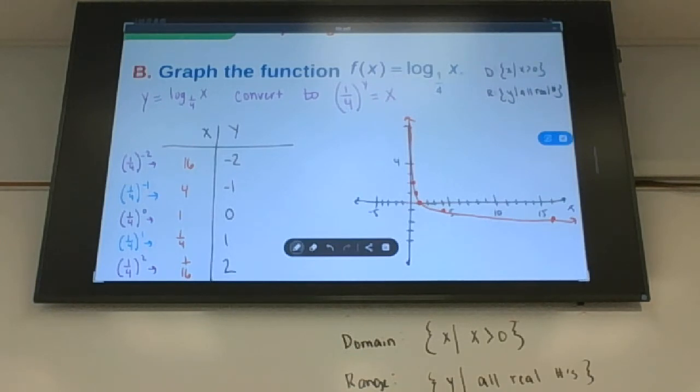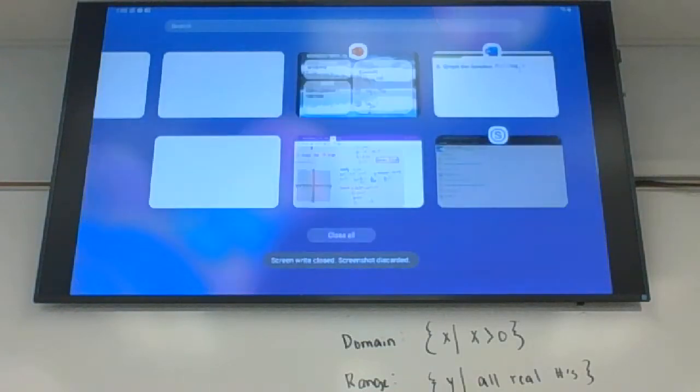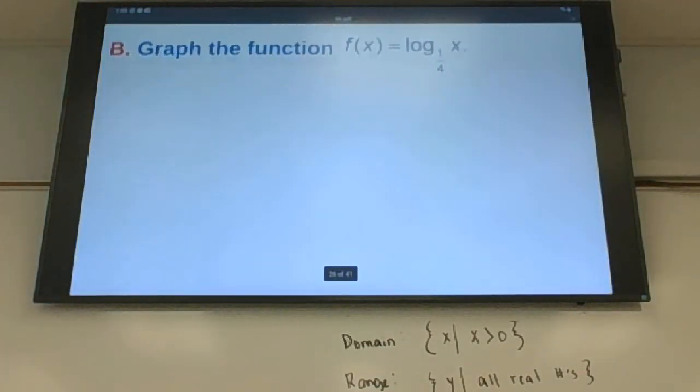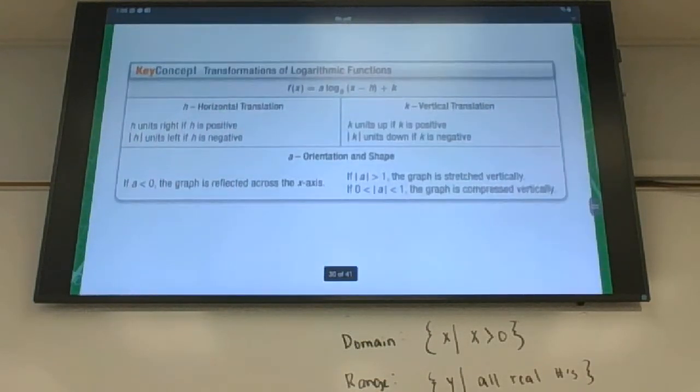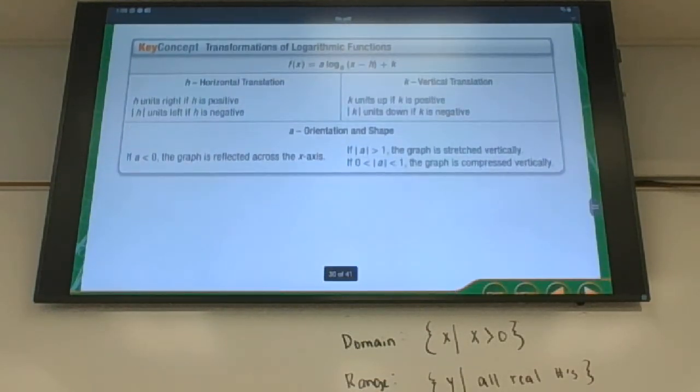Okay, we're going to do one more of a transformation. Okay, here's our transformations.